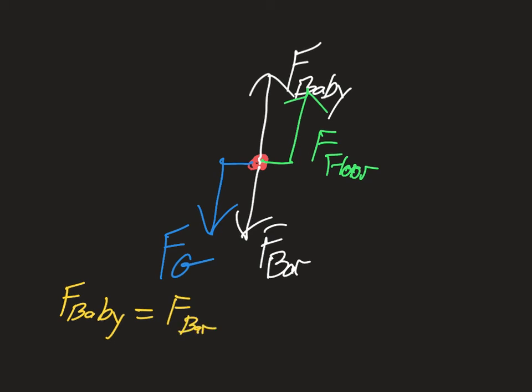And then we also have that the force of gravity is equal to the force of floor. And these are called Newton's third law pairs because they're equal and opposite forces. For every action, there's an equal and opposite reaction.